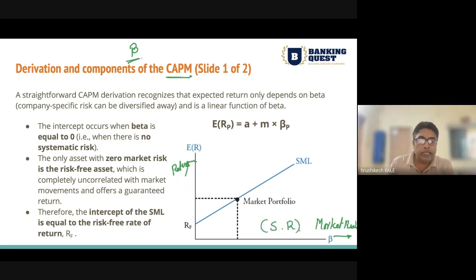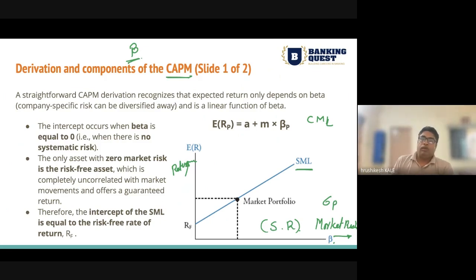Rather than taking complete risk, as we did on the capital market line, where we took standard deviation and not beta, when we take just beta, that line is called the security market line and not the capital market line.